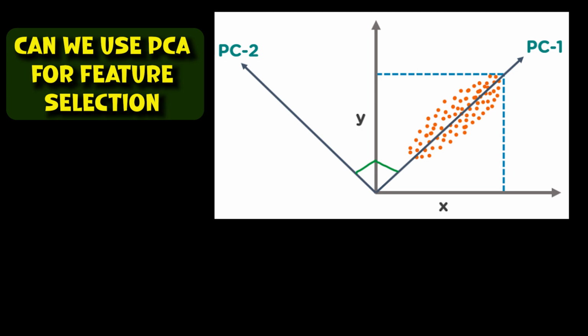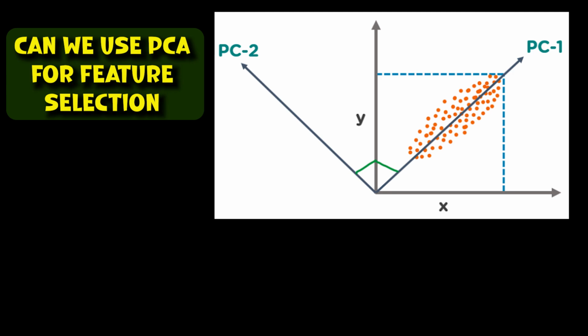By selecting a subset of these principal components, we can retain most of the variance in the data while reducing the dimensionality. Now, what do I mean that the principal components are linear combinations of the original features?